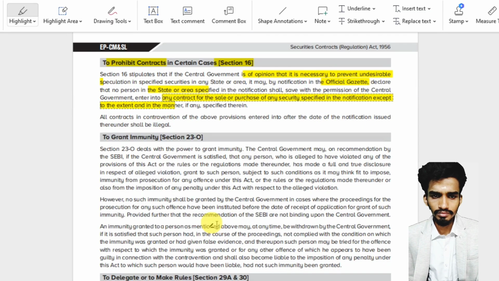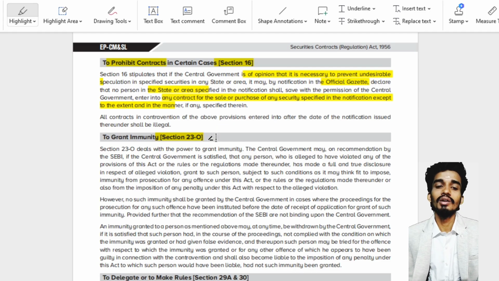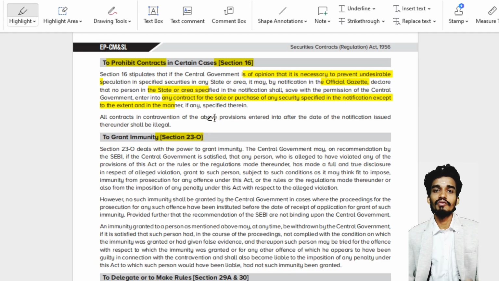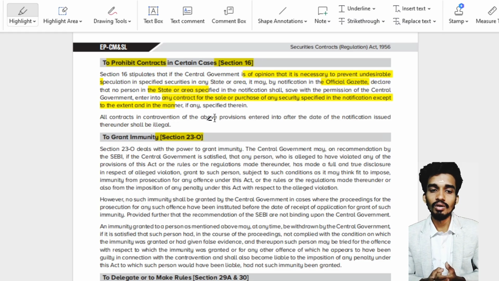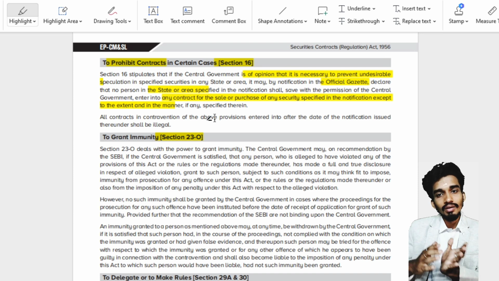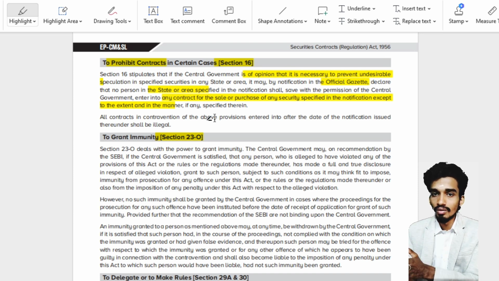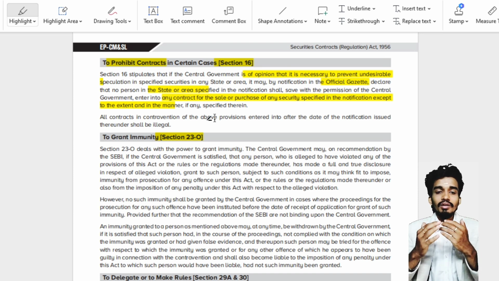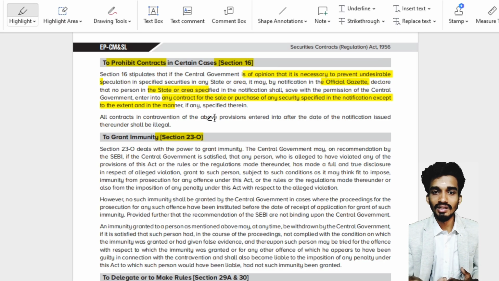And to grant immunity, section 23O, to grant immunity. Grant immunity means what? If there is any case that has been started against you, or that another person has done something wrong, you can convey it to the central government.